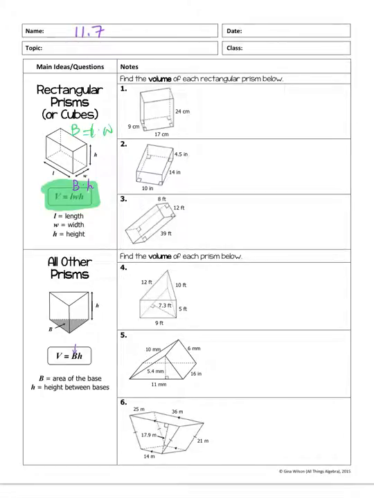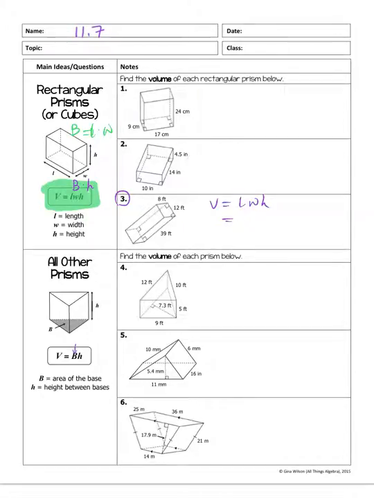I am going to pick number 3 here. I have a rectangular prism here. The most important thing is to figure out what your length, width, and height are.